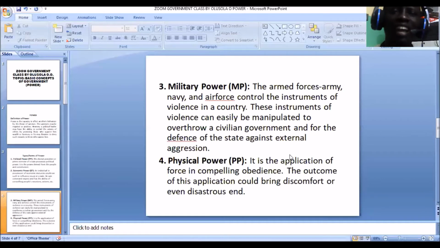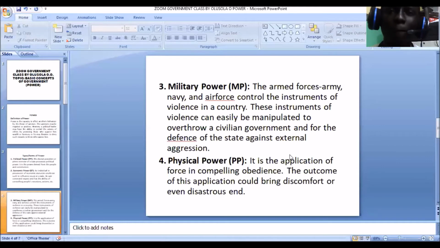You see the elder brother or elder sister bullying the younger ones. I will slap you. Physical power. In school, you find senior students bullying junior students, and before you know it, the senior student will grab the boy, and the boy will land on the ground.